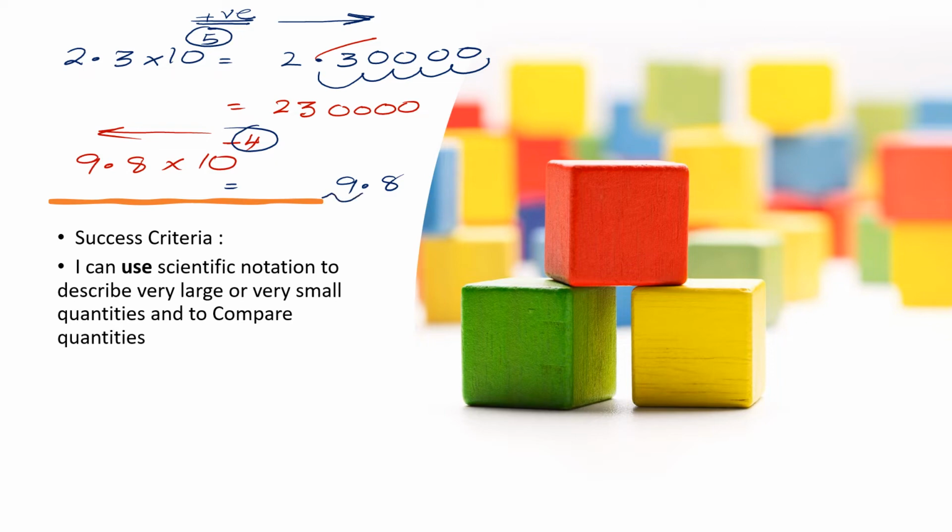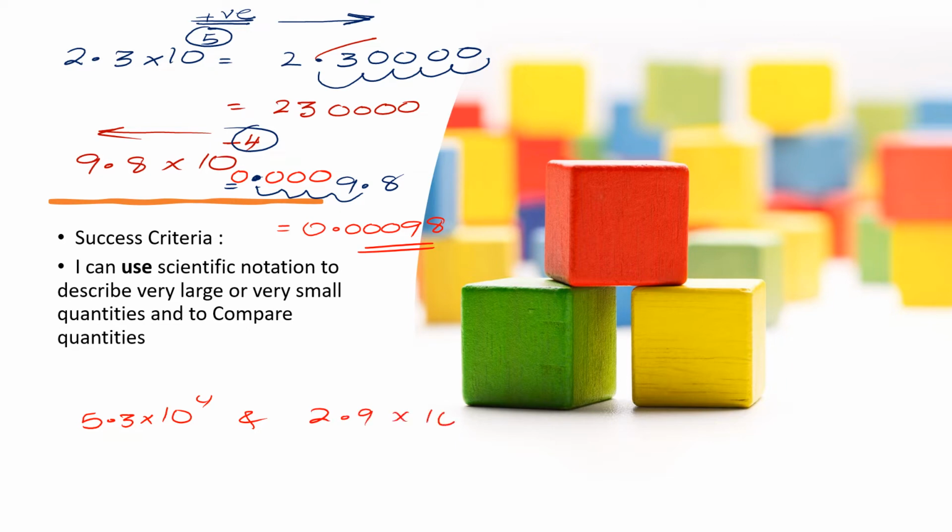So 1, 2, 3, 4. So the point comes over here. Fill up the empty places with zeros, and before the decimal always write the 0. Now what is the final answer? 0.00098.